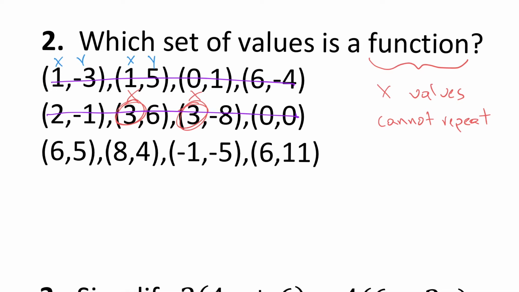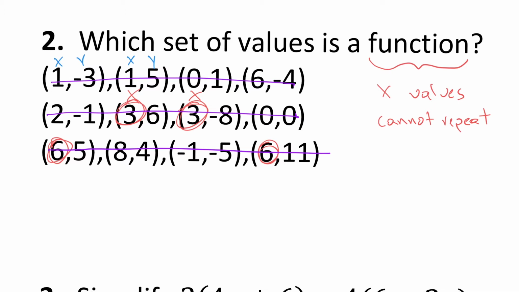The last one has to be a function, but let's go ahead and check. We have a 6 for x, a 5 for the y, 8 for x, negative 1 for x, negative 5, and 6. So this one here is also not a function. Cross this one out. Let me show you the x's. The x's are repeating there. So guess what? None of them are functions.